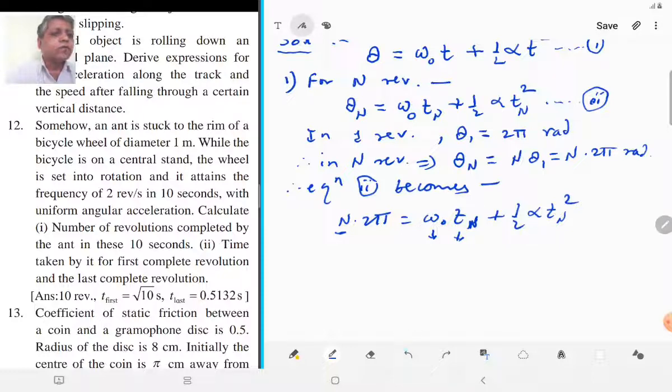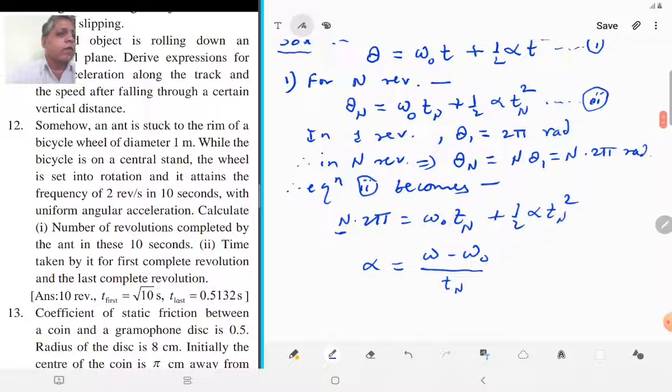So, to find the value of alpha first, for that purpose, the equation is alpha is equal to omega minus omega 0 upon Tn.